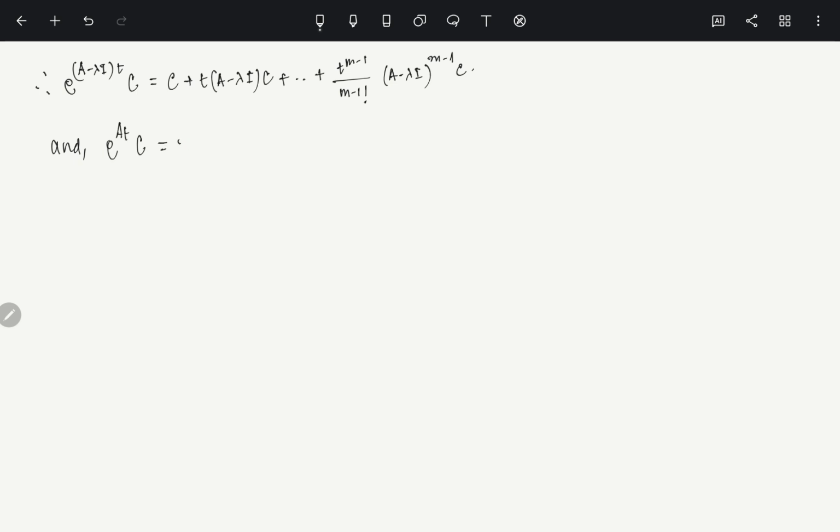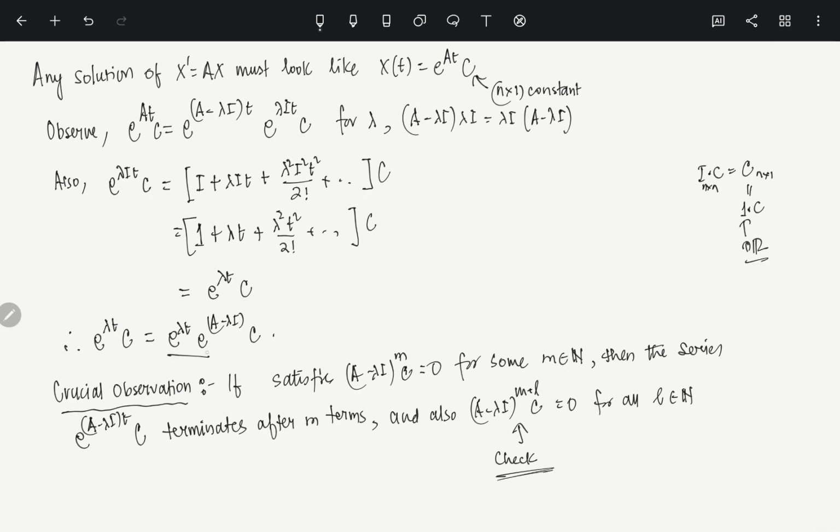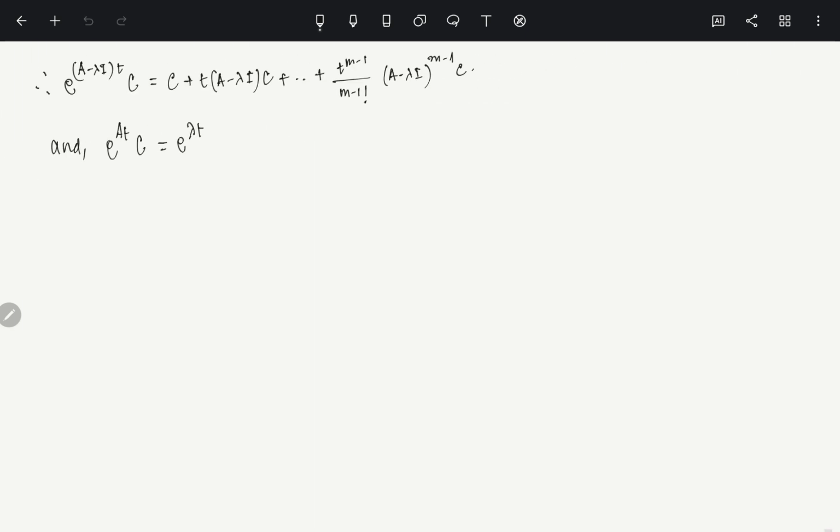It is nothing but e^(λt), you remember, we wrote it like this: e^(λt) e^((A − λI)t) times c. So let us write it properly.